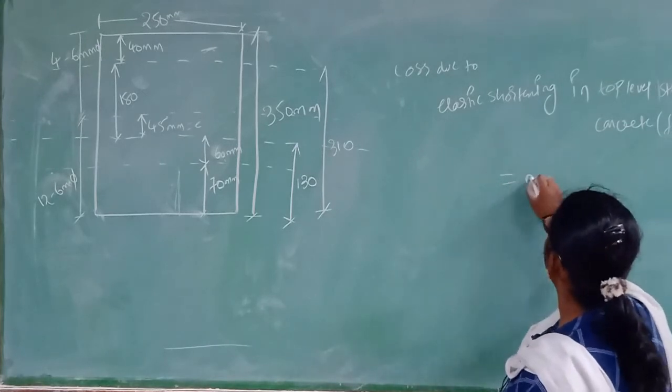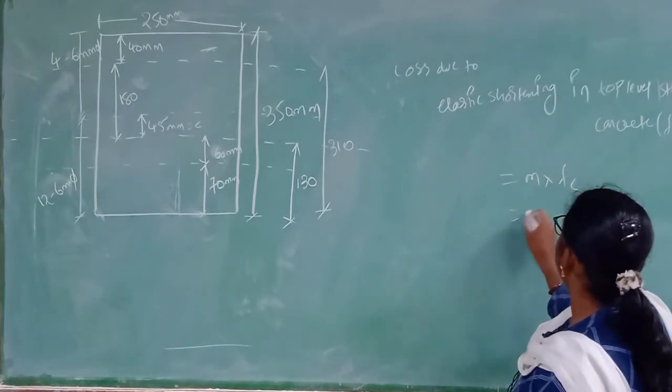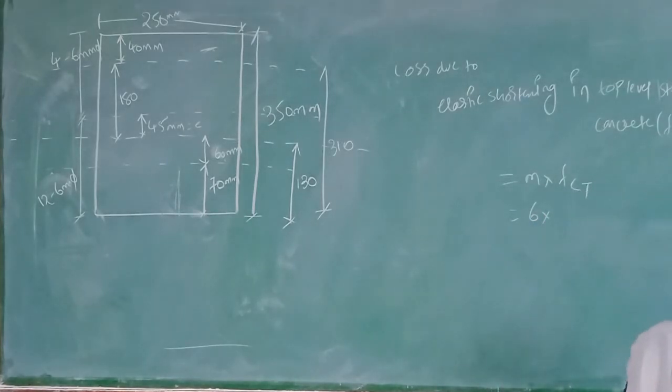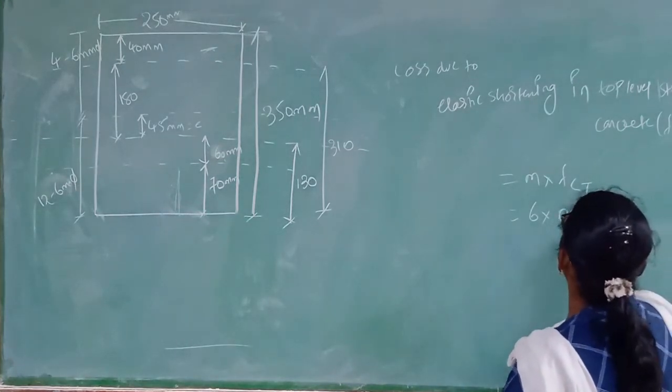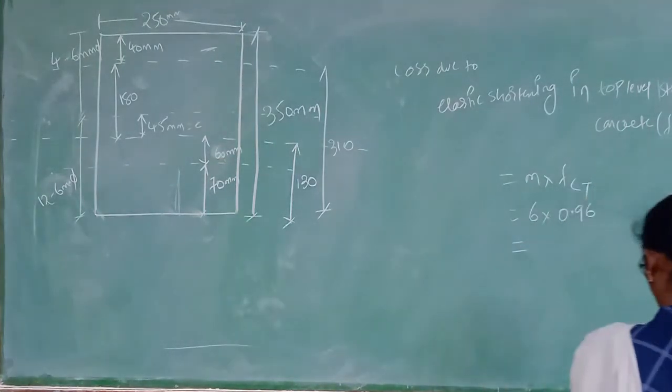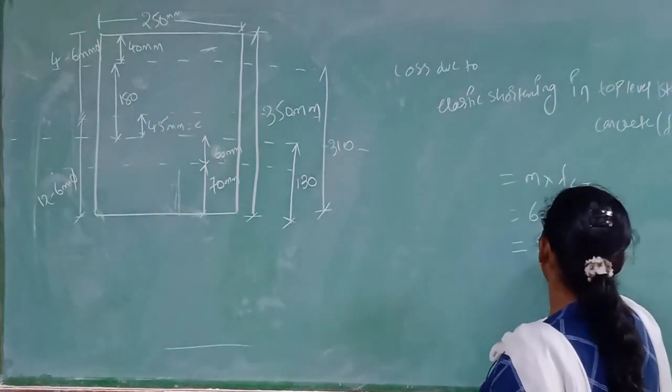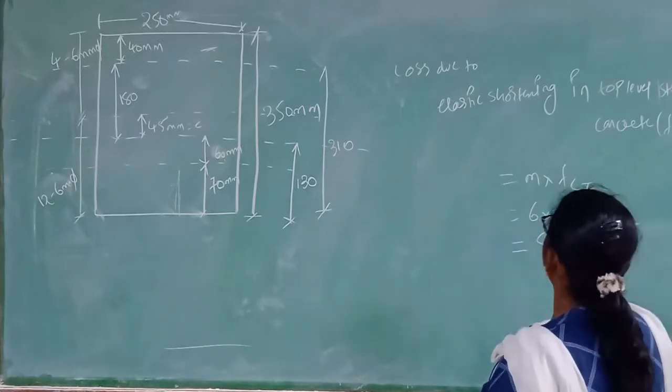So right, here M into FC. M you have got 6, and FCT you have got 0.96. That gives 5.76 Newton per mm square.